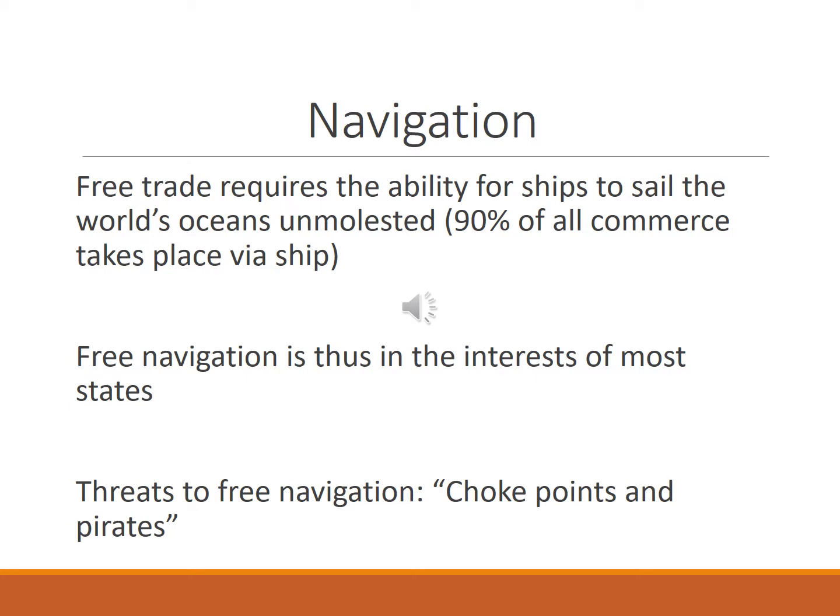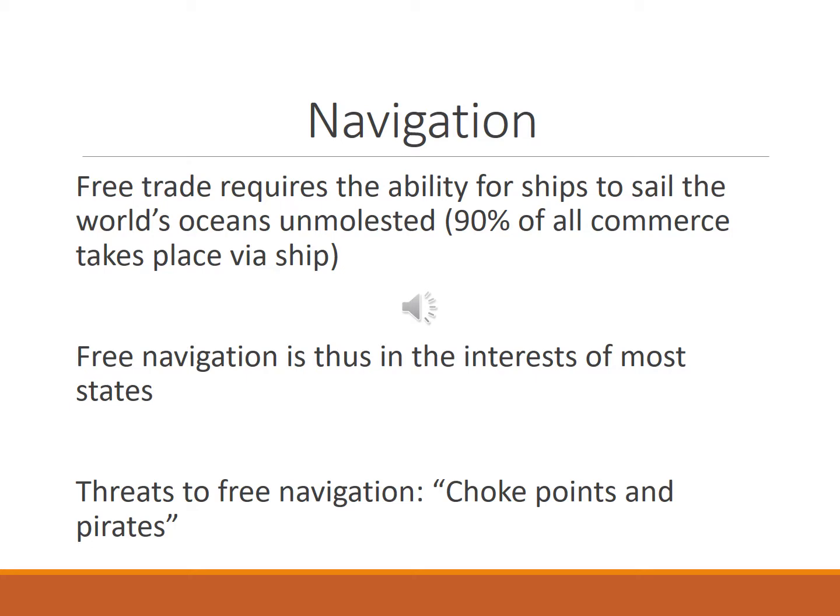What the International Law of the Sea is most interested in is protecting the freedom of navigation because, as I've already mentioned, a robust international trade requires ships to be able to move around the world's oceans without interference or molestation. And this is important because 90% of all global commerce is transported via ship.